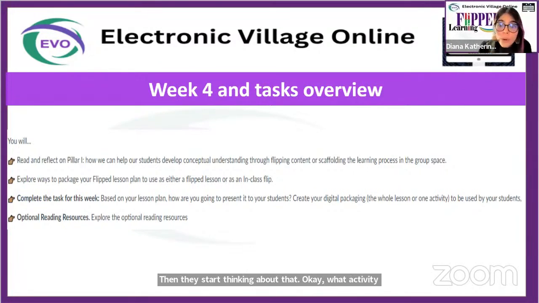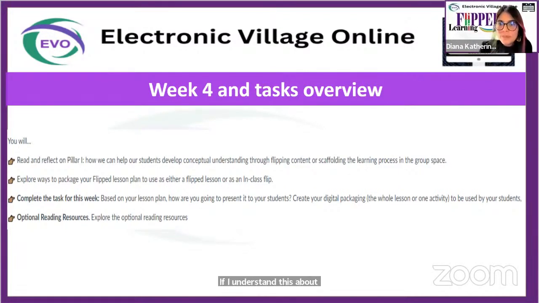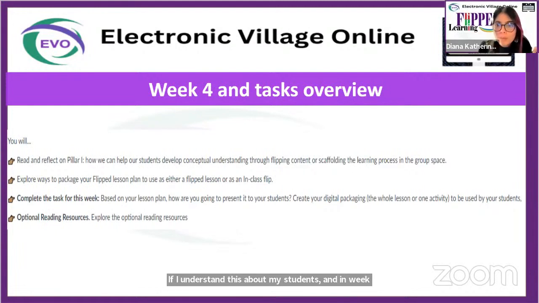And in week number 4, it's not only about creating multiple tasks with multiple digital tools, but mastering at least one, for you as a teacher and for them as students, because it can be very overwhelming if our students have to make 3 activities with 3 different digital packagings.